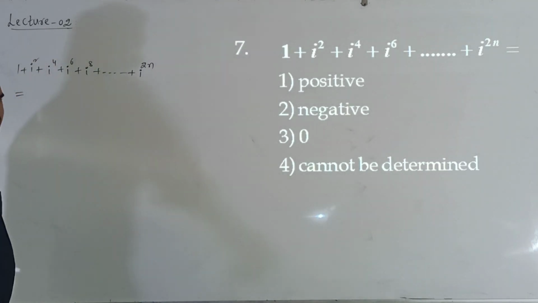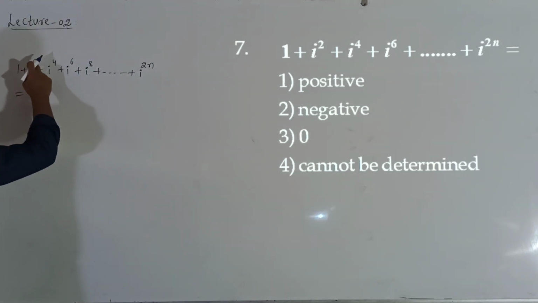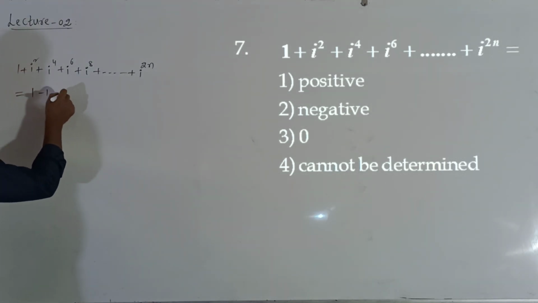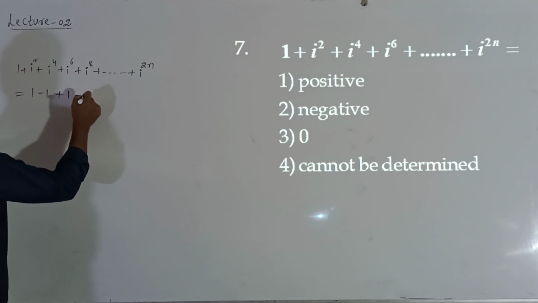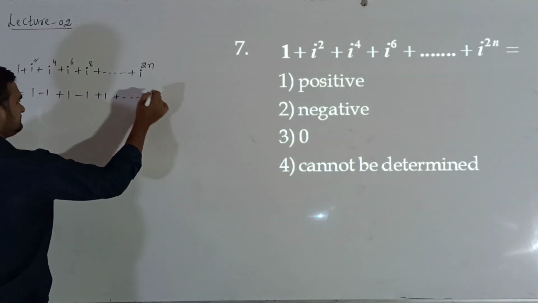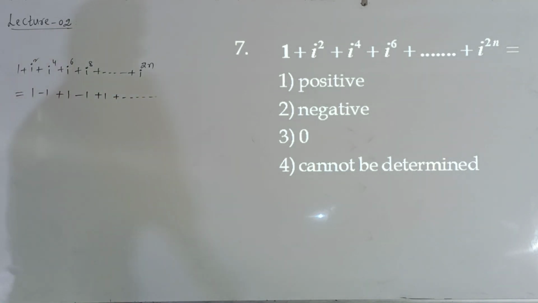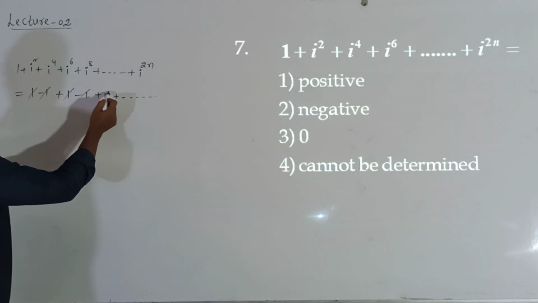If I simplify this, see what we get. First term is 1, second term is i square which is minus 1, i power 4 is 1, i power 6 is minus 1, i power 8 is plus 1 and so on. So the sum will be, 1 we can cancel, 1 we can cancel.